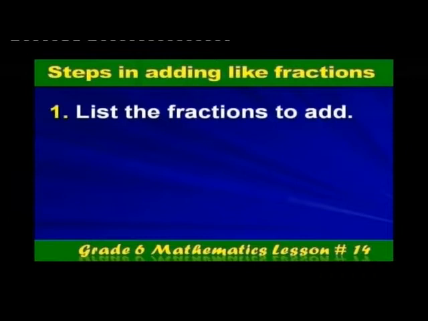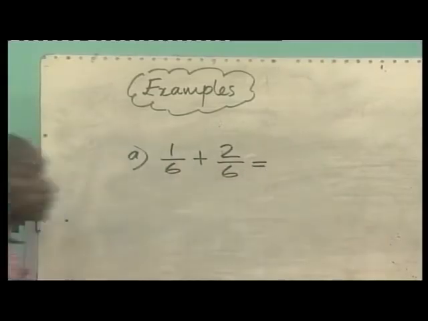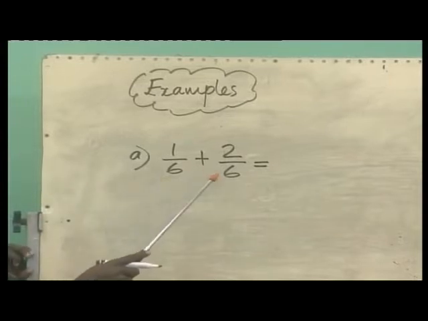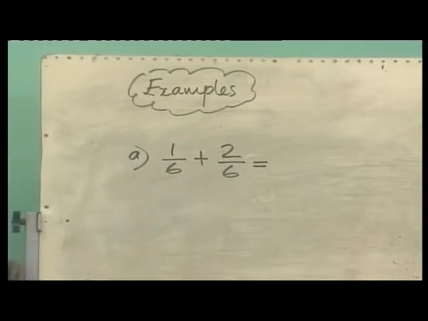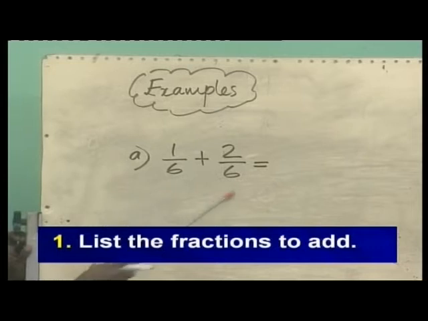Step number 1: list the fractions to add. The first example is 1 over 6 plus 2 over 6. We have already listed the fractions. We are adding 1 over 6 plus 2 over 6.